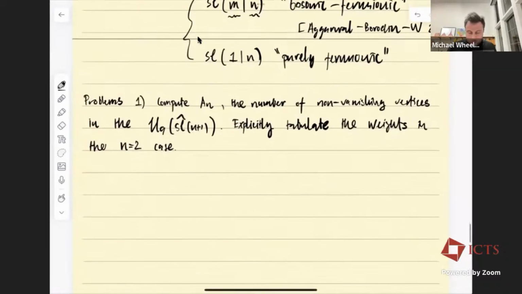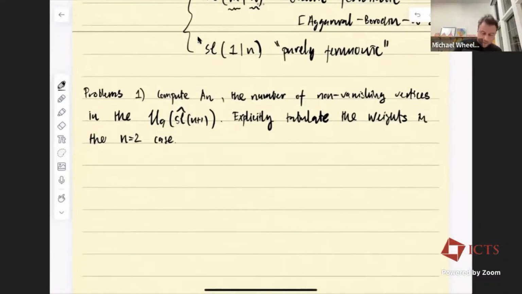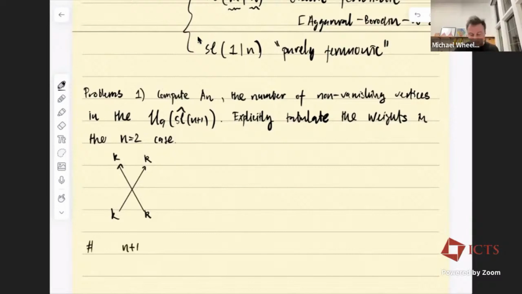Okay, so very simple counting problem. Last time we saw there are 3 types of vertices in this model. This is the first one, where I have all the same color around the 4 edges of the vertex. And so clearly k here can take n plus 1 possible values, so the number of these is just n plus 1.